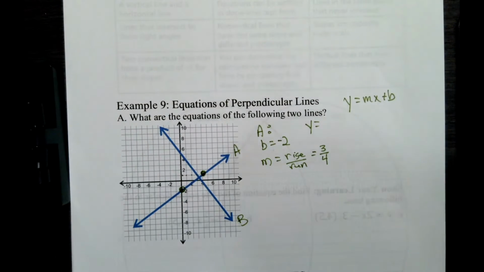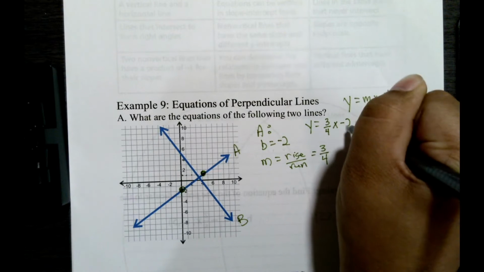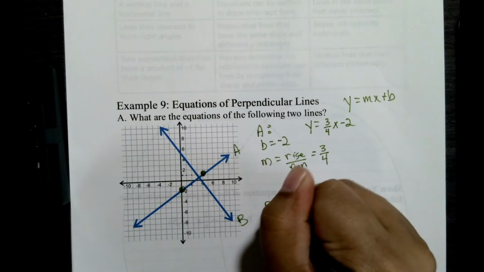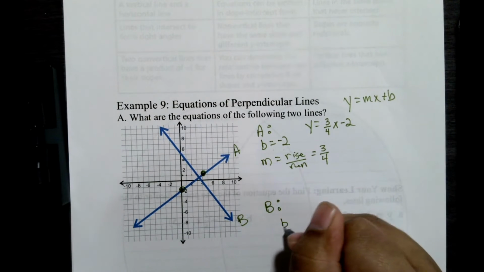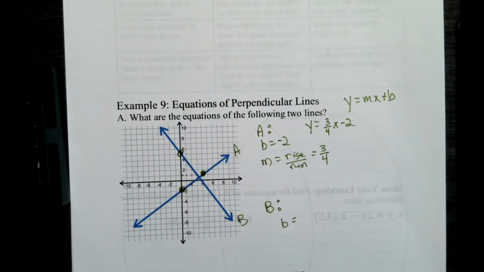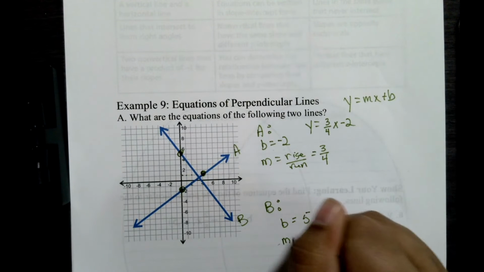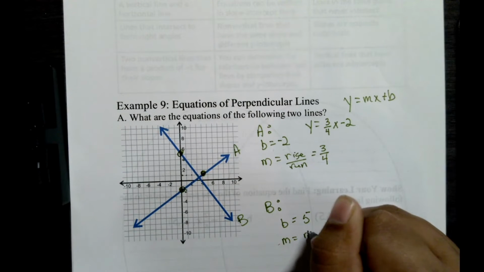Let's talk about B. Well, first things first, where does it touch the y-axis? Right there at 5. Then our m is our rise over run. So we need to pick another point. Let's pick this point right here.